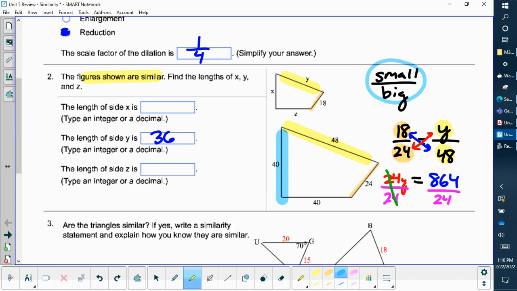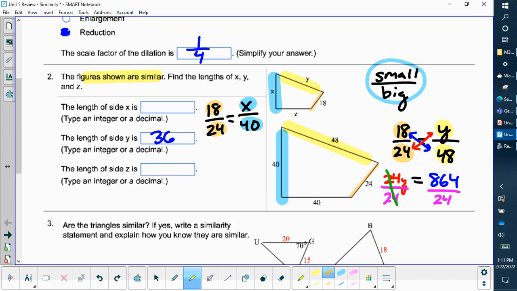So now I would compare these. Again, I could do the same thing. 18 over 24 equals, remember, small over big. These are the blue ones, and these are the orange ones again.